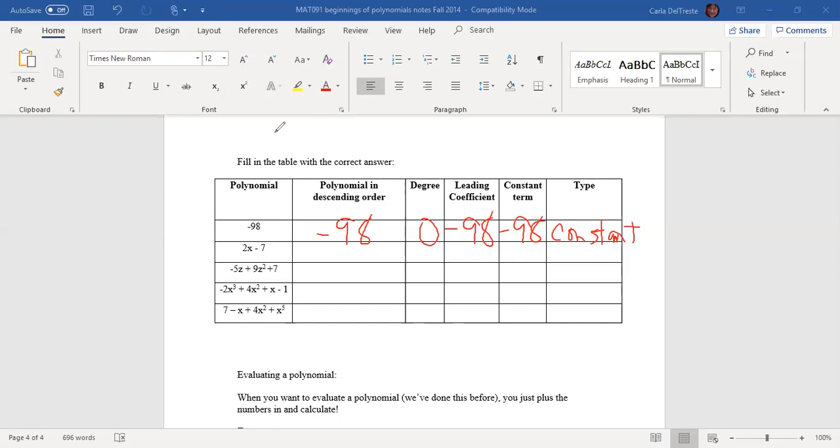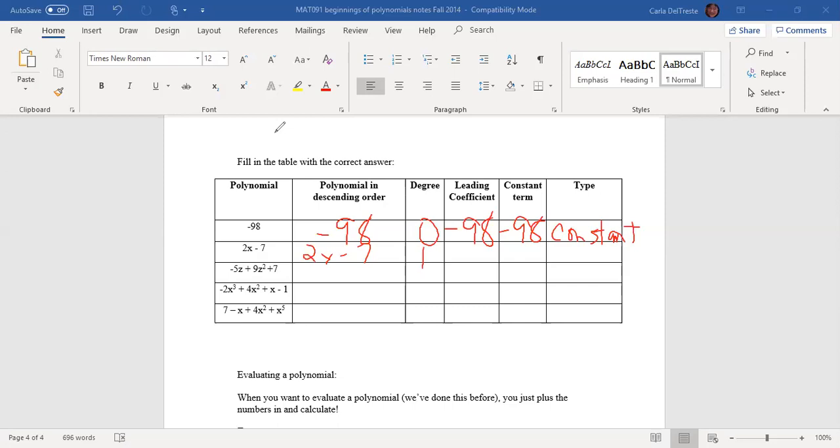Let's do the next one. 2x minus 7. Is the polynomial in descending order? Yes, I don't have to do anything with this one either, so I can just leave it. 2x minus 7. The degree of this polynomial, the x has a 1 as an exponent. So the degree here is 1.